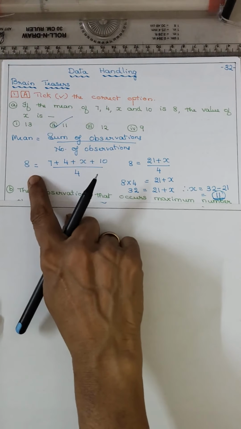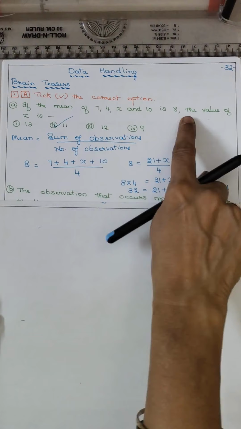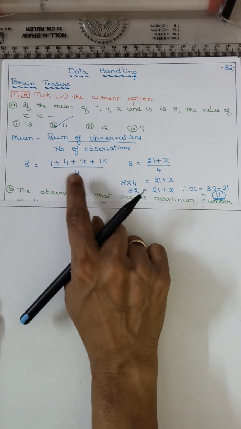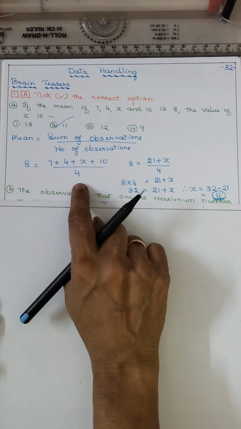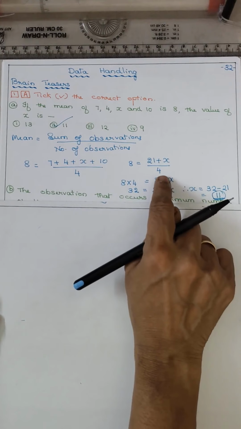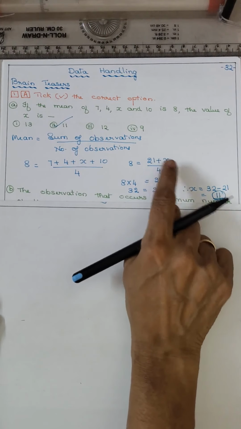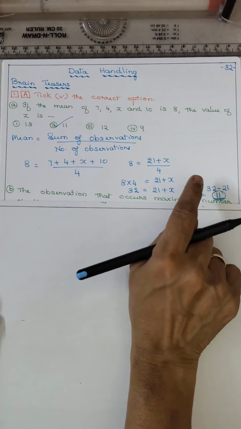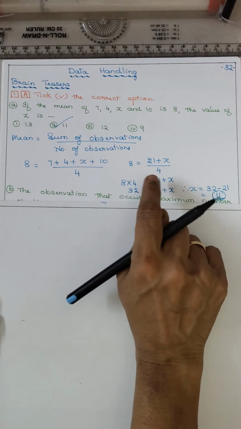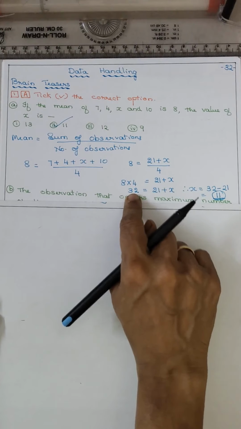So 8 is equal to, write all the numbers given, the observations, divided by 4 observations. Now 8 is equal to 21 plus x upon 4. This 4, when you take it to the left hand side, it will be multiplication.